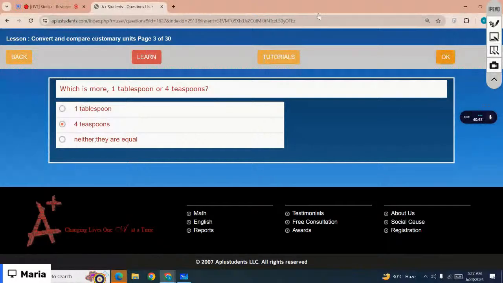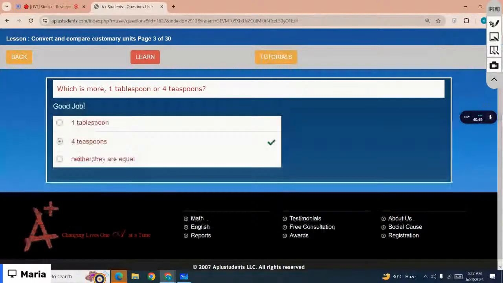Because in 1 tablespoon you have 3 teaspoons. So 4 teaspoons is more than 1 tablespoon.